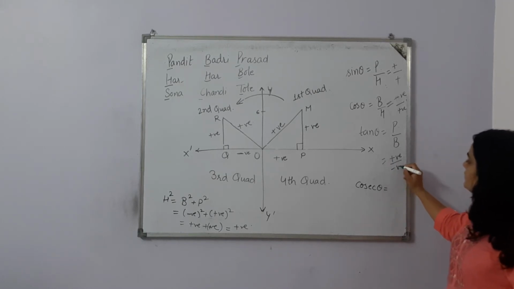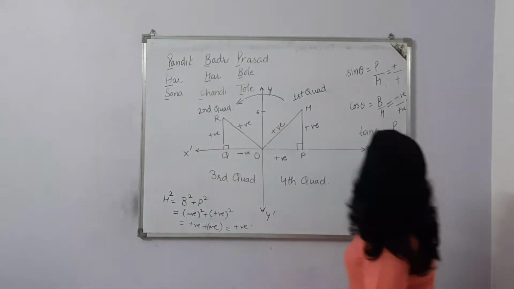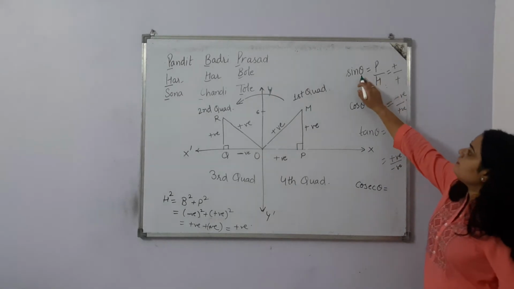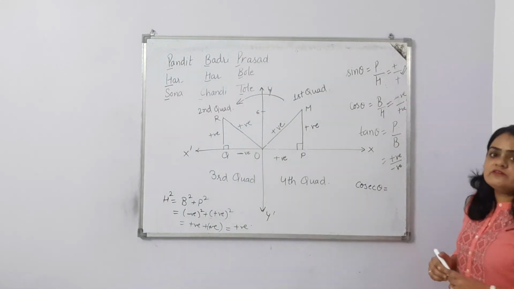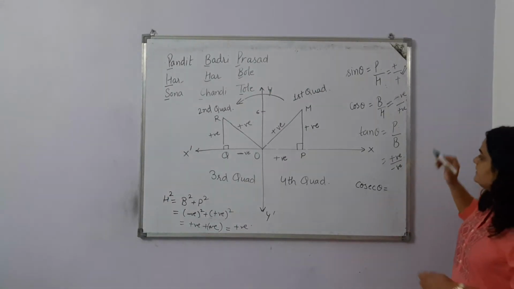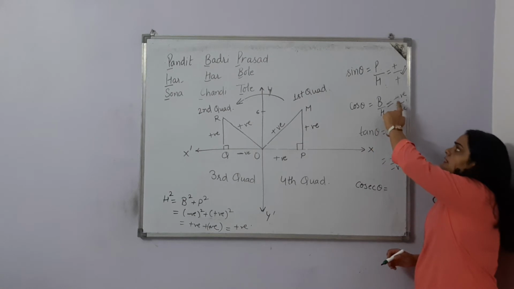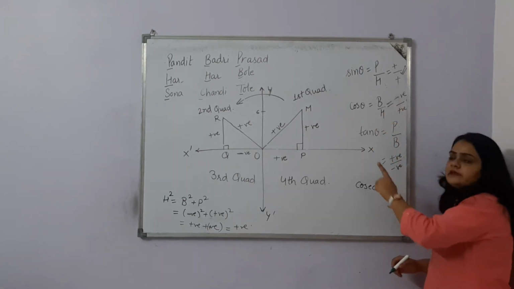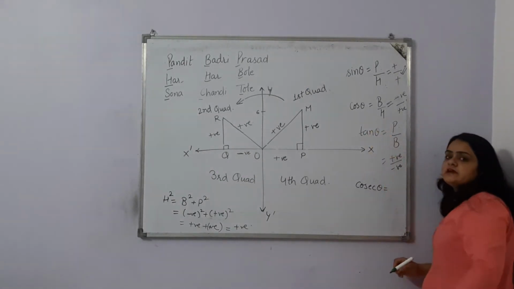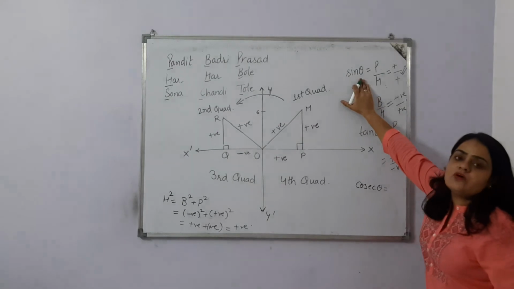You are watching that here we are getting a positive value of sine theta, and for cos and tangent theta, negative upon positive is negative, positive upon negative is negative. So we are getting negative values of cos theta and tangent theta, but for sine theta we are getting a positive value.